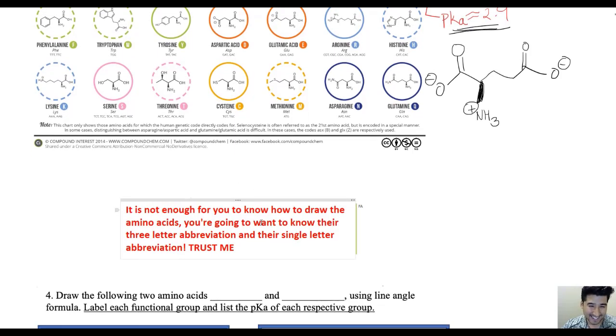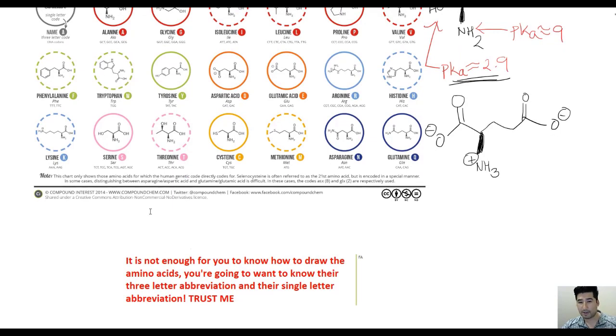All right. Okay, so this is my note to you. It is not enough for you to know how to draw the amino acids. You're going to want to know their 3-letter abbreviation and their single letter abbreviation. Let me take it one step further.